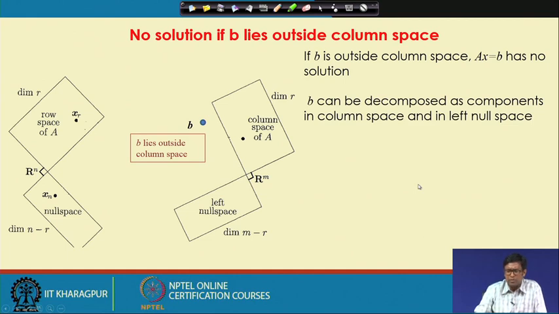b can be decomposed into two components. One is along the column space.